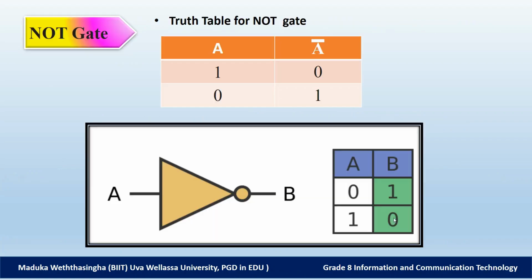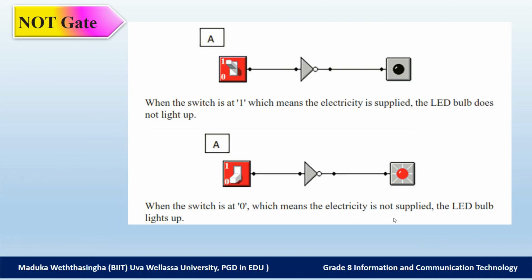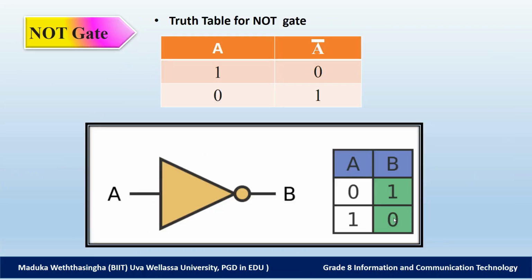This is the truth table and the standard symbol we use for the NOT gate. In a NOT gate, the output is always the opposite of the input. If we input a true value, our output is false. If we input a false value, our output is true.